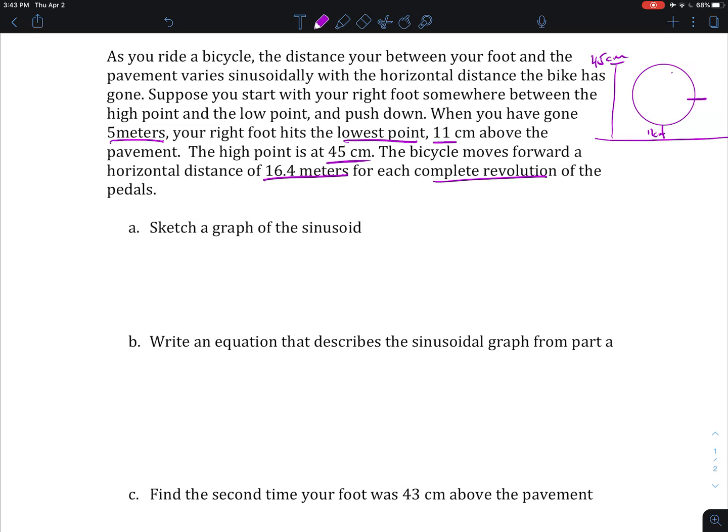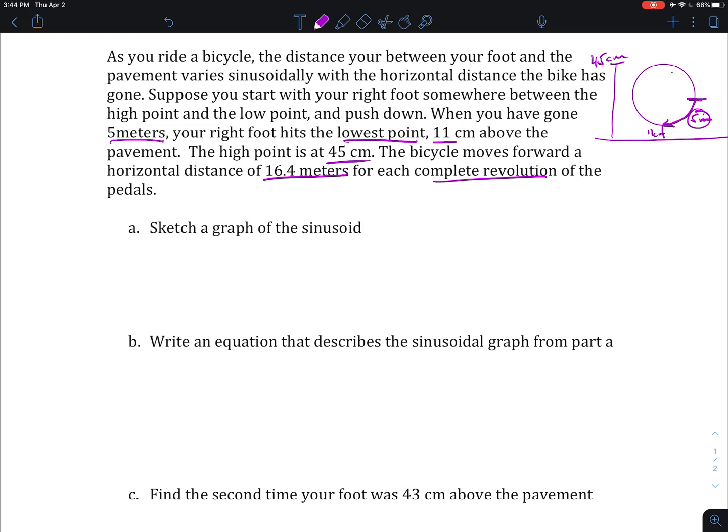And with our foot somewhere going this way, that took 5 meters. So that distance is not the 5 meters. The 5 meters is how far the bike traveled when your foot went from this arbitrary starting point down to the bottom.